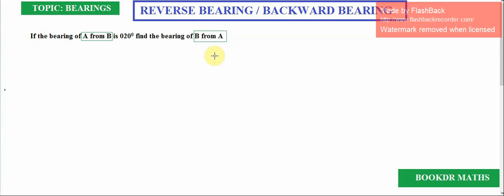Bearings is just direction. So the bearing of A from B actually means the direction of A from B. I can even remove the word bearing and replace it with the word direction so that you understand what I mean.